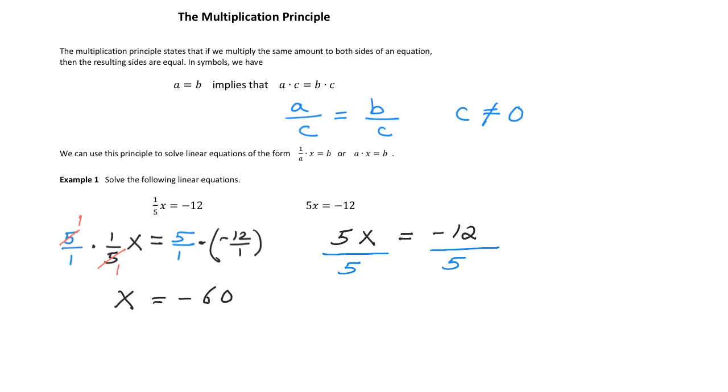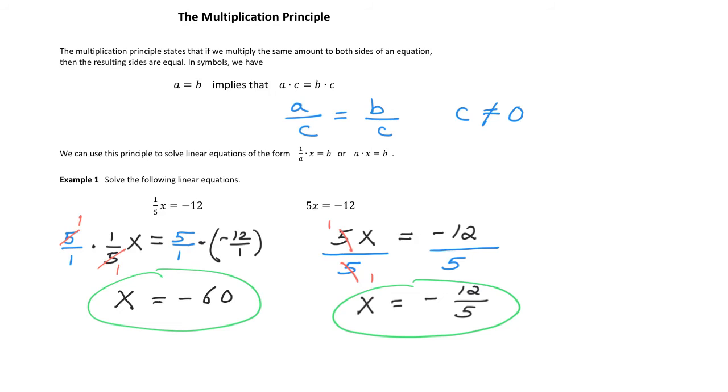I've done the same thing to both sides of this equation. In doing so, this 5 and this 5 cancel to give you just 1s. So I'll write this as x. And on the right side, I have a negative 12/5. And that can't be reduced. I'll leave it alone as an improper fraction, but that's the solution to this second equation.